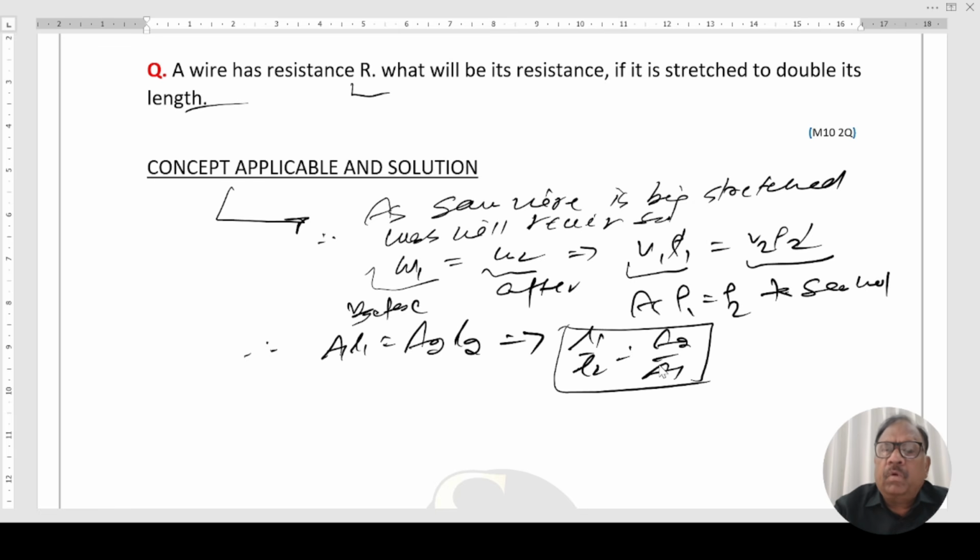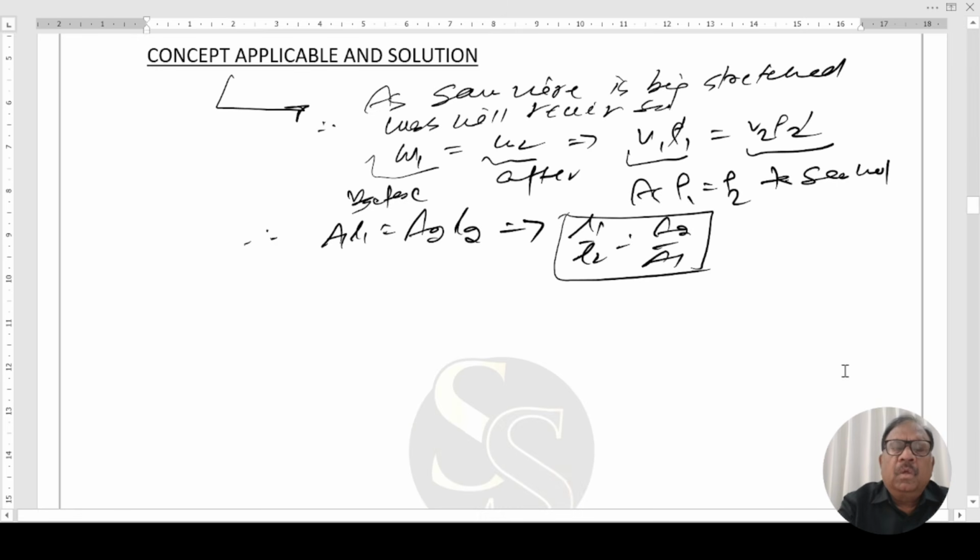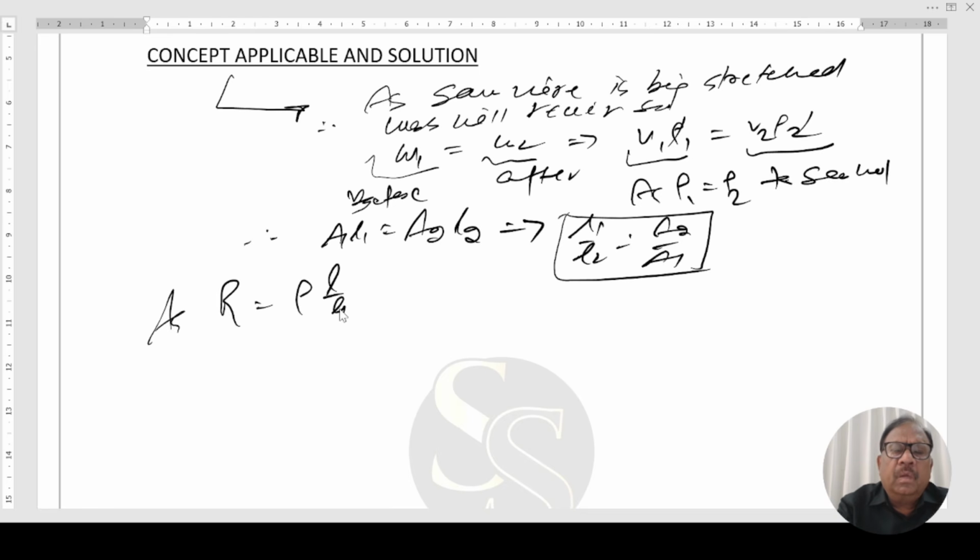Now, depending on the requirement of the question, we can find the relations. As R equal to rho L upon A, therefore R1 over R2 equal to L1 over L2 times A2 over A1.